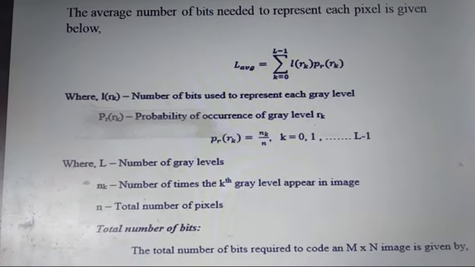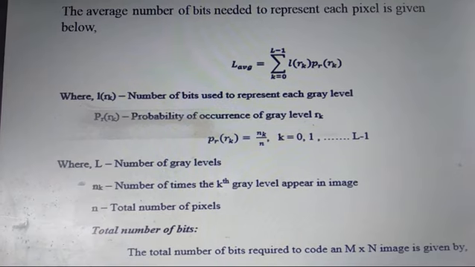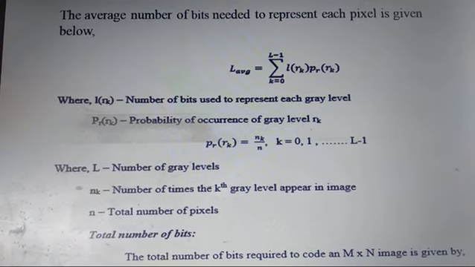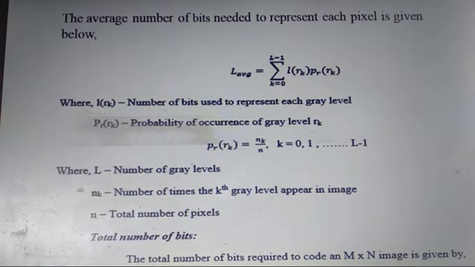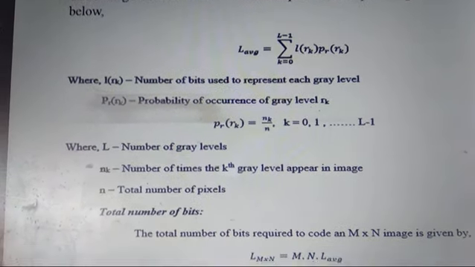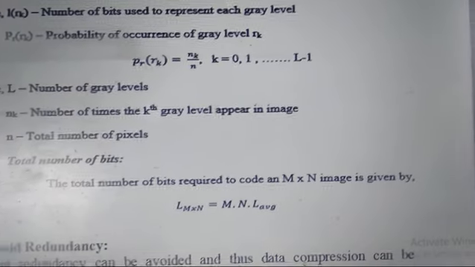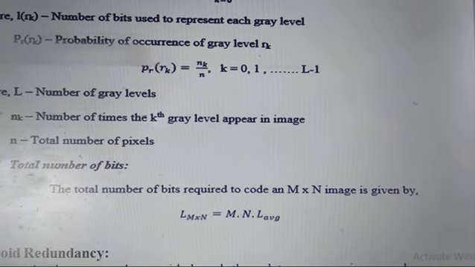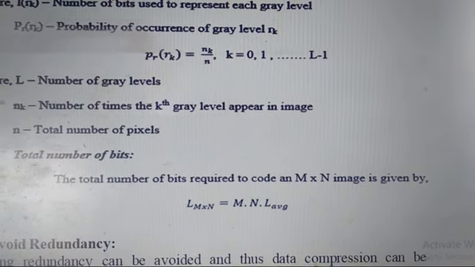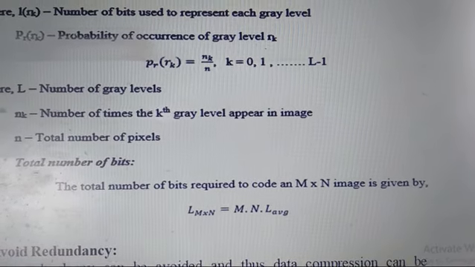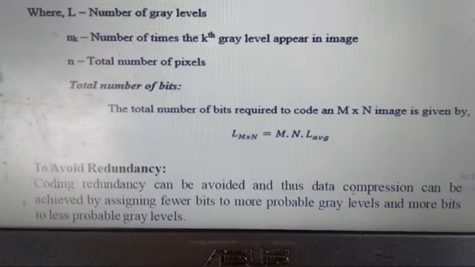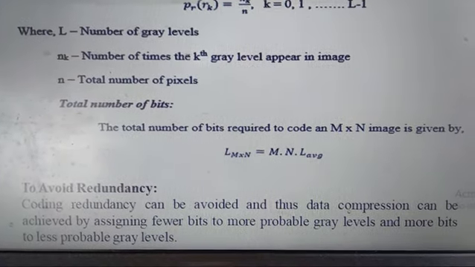Here capital L is the number of gray levels, n_k is the number of times the kth gray level appears in the image, and small n is the total number of pixels. The total number of bits required to code an M by N size image is M times N times L_avg.